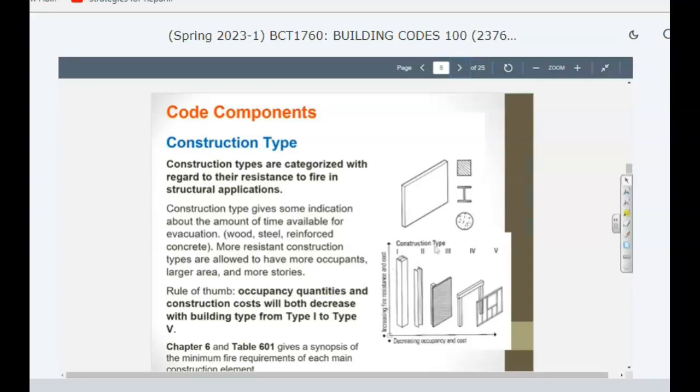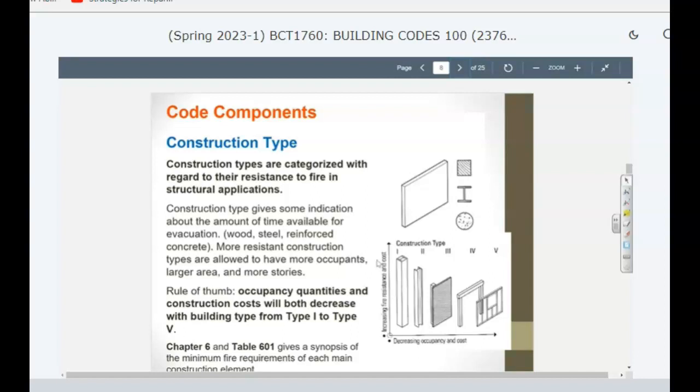So we have our construction types 1, 2, 3, 4, and 5, and typical kinds of pieces of structure that are used. We have an enclosed beam on 1, an exposed beam on 2. We could have a wood board with wood posts, a timber post here, and then our traditional stud wall. So it says increasing fire resistance and cost versus decreasing occupancy and cost.